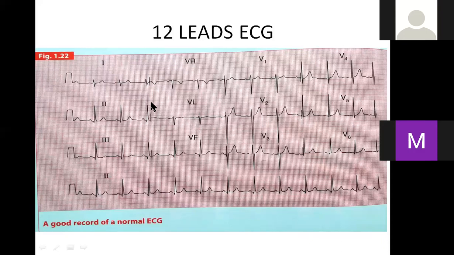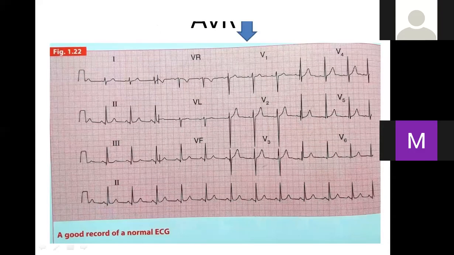So the first point in the 14 points is the AVR. When you see a 12 lead ECG, you will first look at the AVR. AVR should be negative.